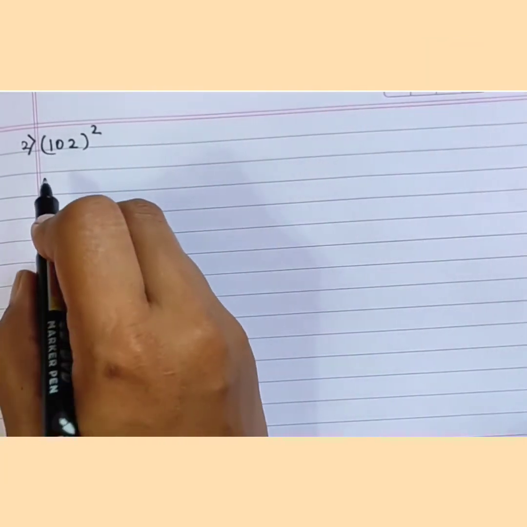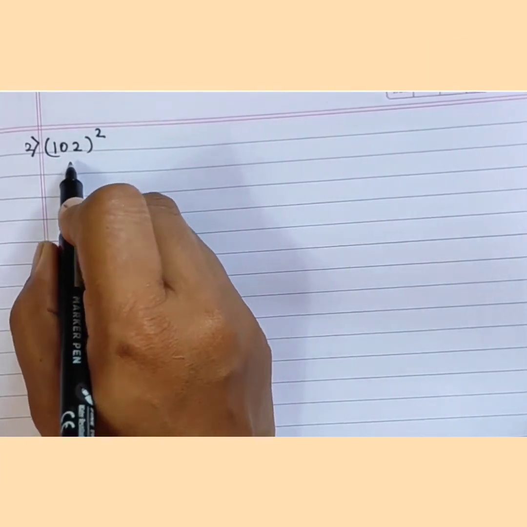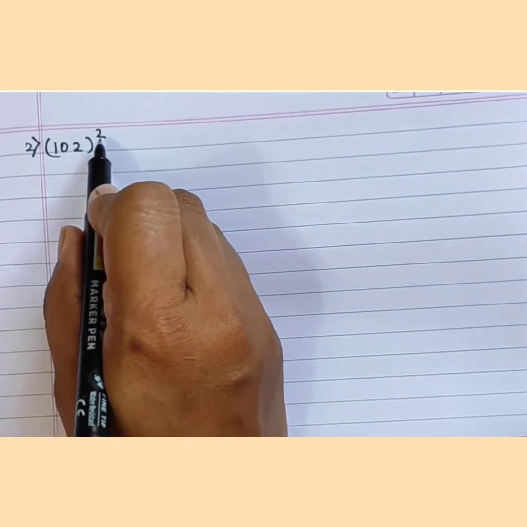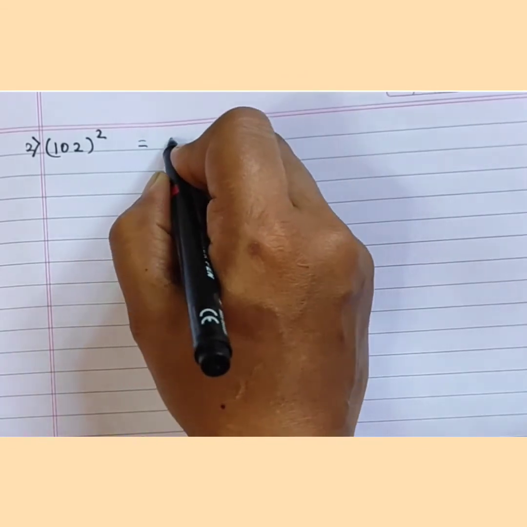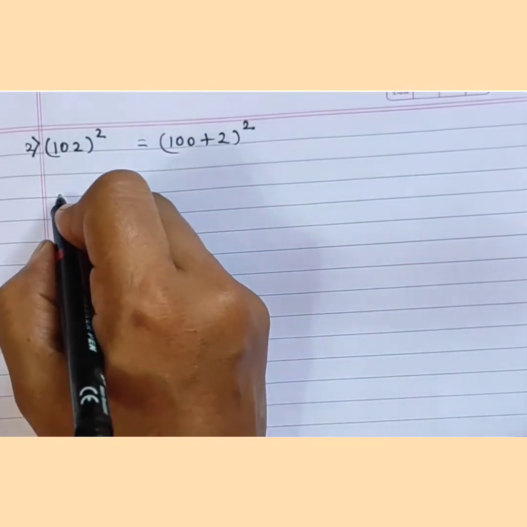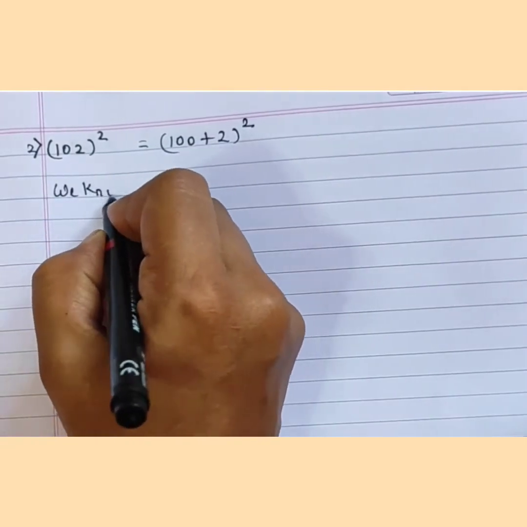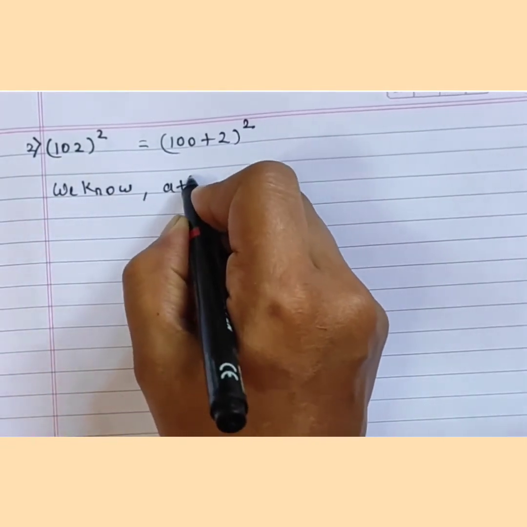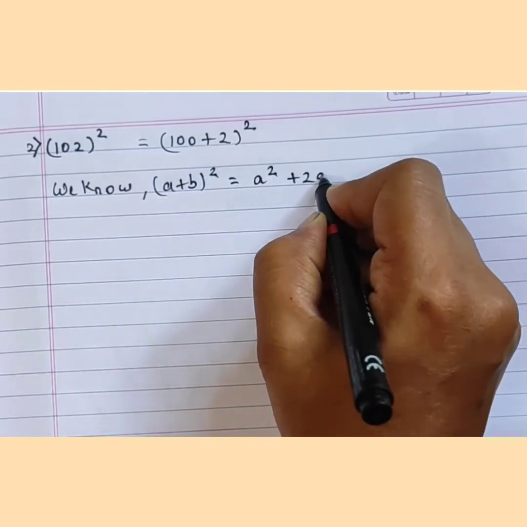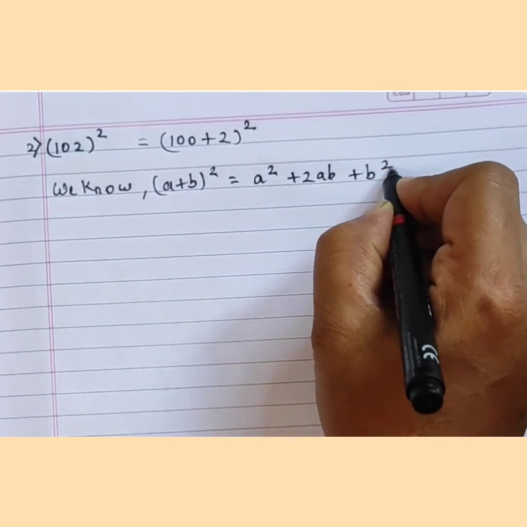Second sum, we have to find the value for this number using expansion formula. 102 the whole square, which we can write as 100 plus 2 the whole square. Now we know the expansion formula, that is a plus b the whole square is equal to a square plus 2ab plus b square.